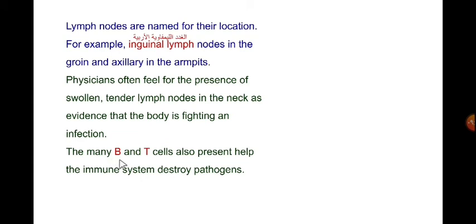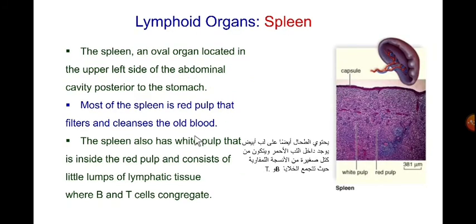The many B and T cells also present help the immune system destroy pathogens. برضو فيها خلايا البي والتي سيلز بتحارب الباثوجينز.